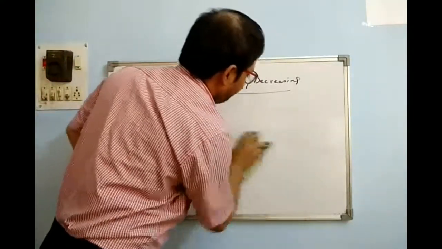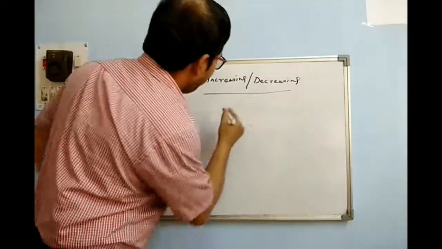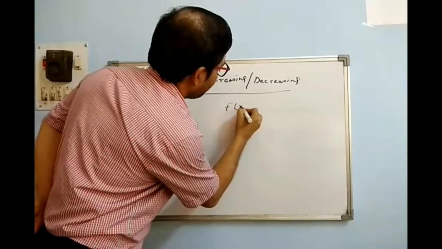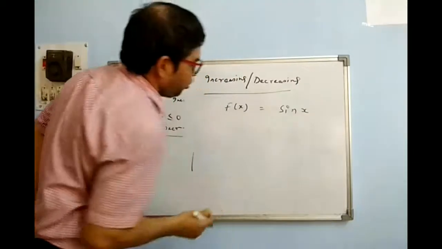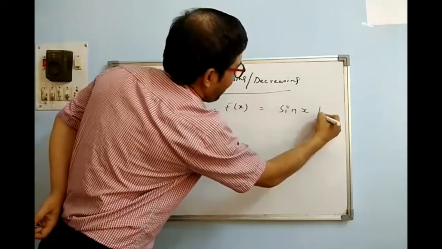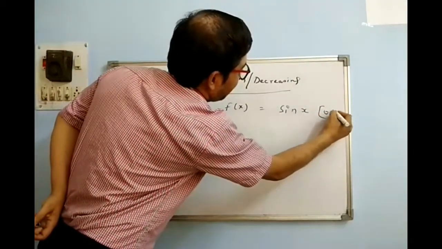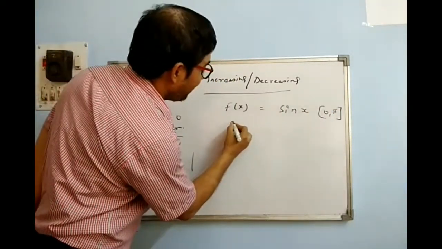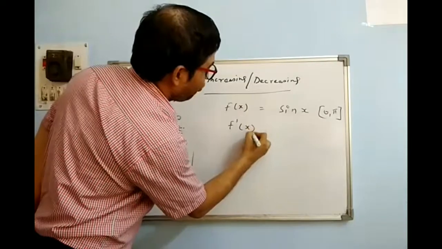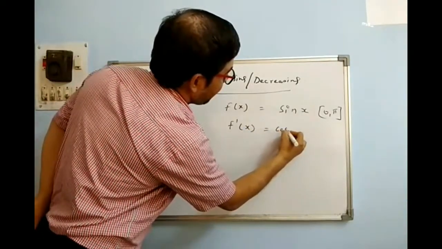One more example I am taking. See, if f x is equal to sin x, to determine whether the function is increasing or decreasing in 0 to pi, I'll find its derivative, which is coming out to be cos x.